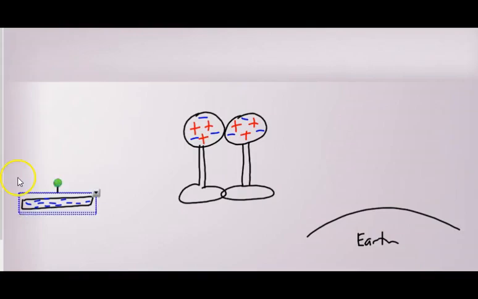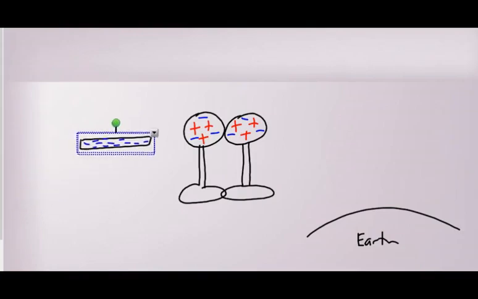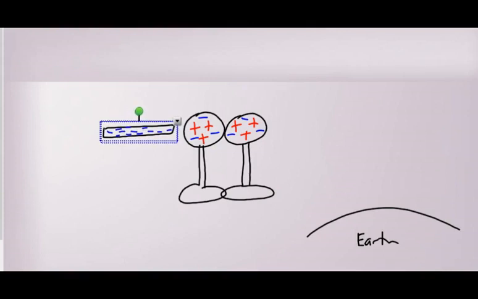So when I took this negative rod near the two spheres that were electrically neutral, I ended up forcing electrons in both spheres to move farther away from that negative rod. So they got pushed back as far as they could. And being that the two objects are in contact with one another, they're almost like one object right now.